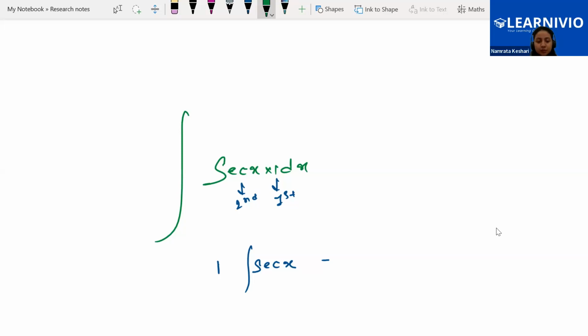It is log of something. Just let me confirm first. Have you noted down the formula, Murtaza? All the formulas in one place? Yes, ma'am.